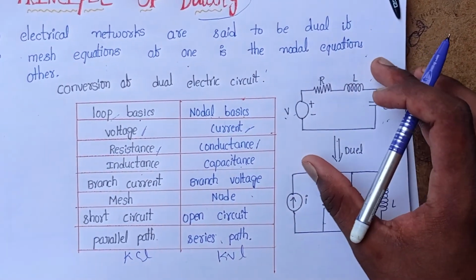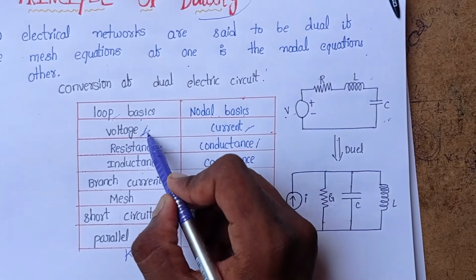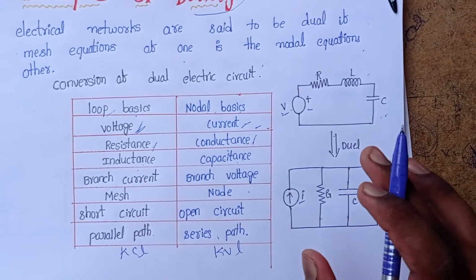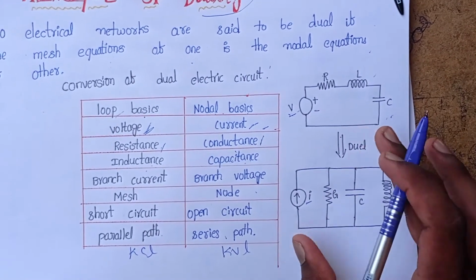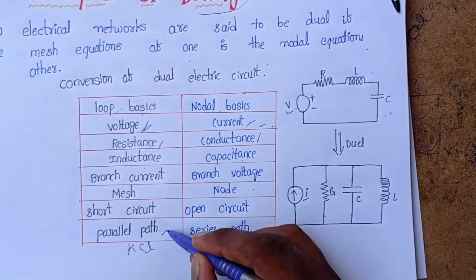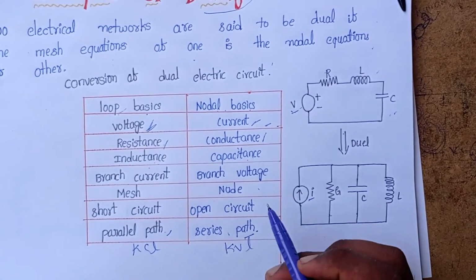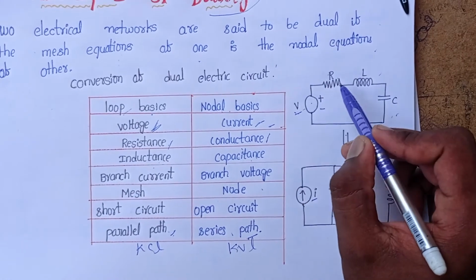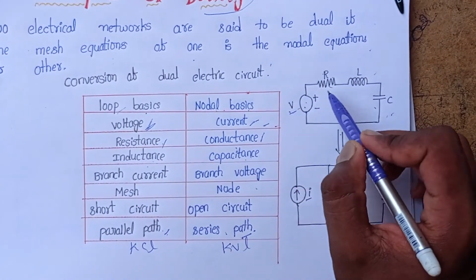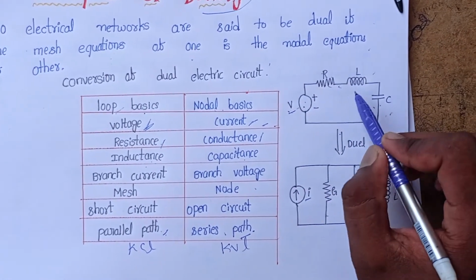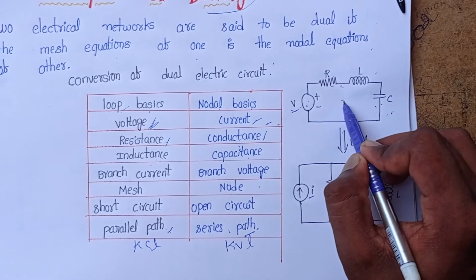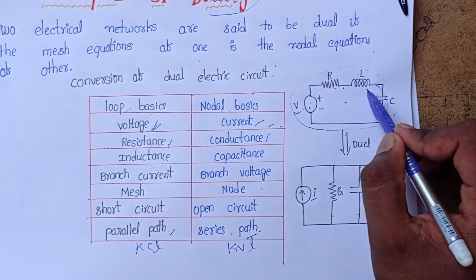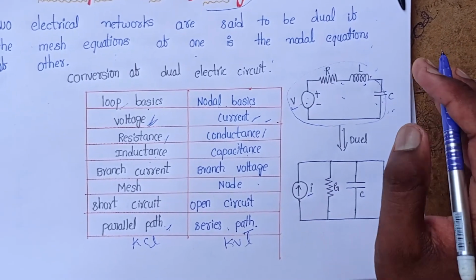Then we simply replace the voltage source V with a current source I. And one more thing to remember: a parallel path is replaced by a series path and a series path is replaced by a parallel path. Observe that these four elements, voltage source, resistor, inductor and capacitor, are connected in series. That means in the dual network, all the elements are connected in parallel.